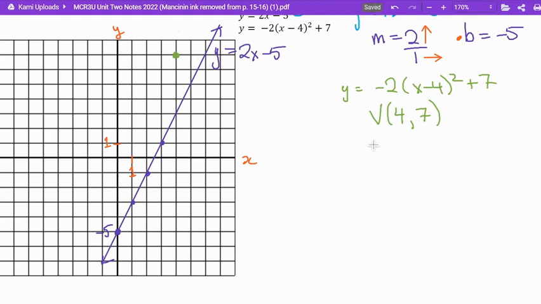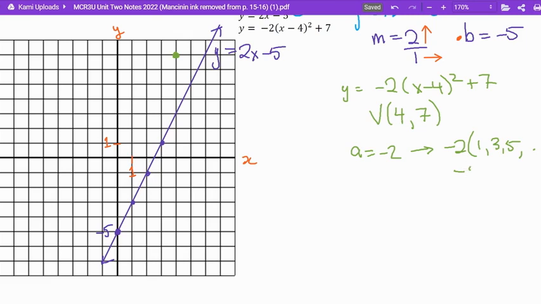My step pattern, since a equals -2, is -2 times 1, 3, 5, and so on.